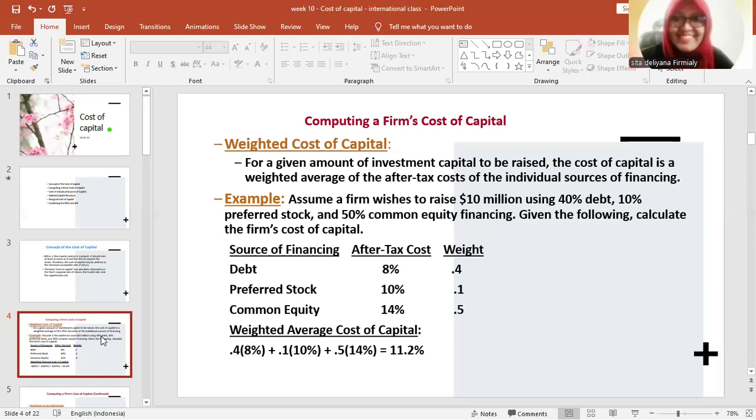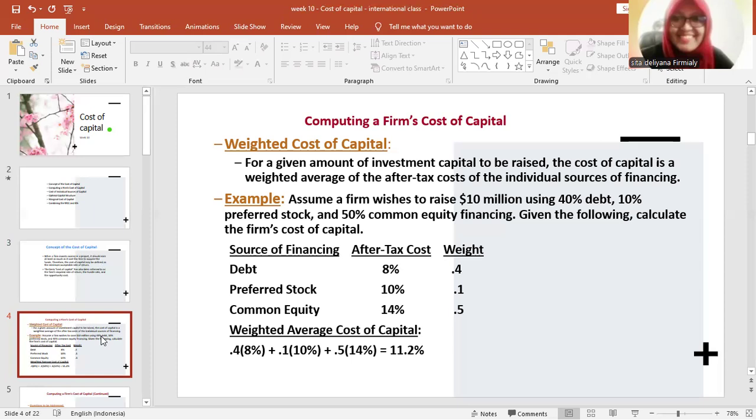What is the difference between those? Remember, I've mentioned before, when talking about the firm's cost of capital individually, that means we're going to talk about the cost of debt, cost of equity, or cost of retained earnings, or cost of new stocks individually.